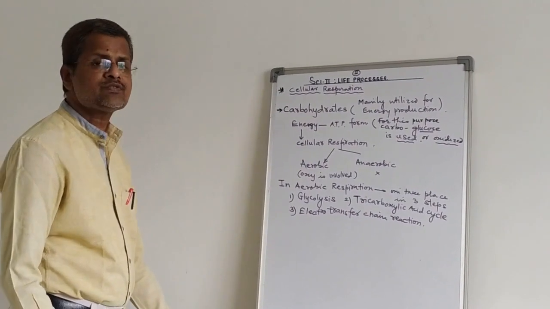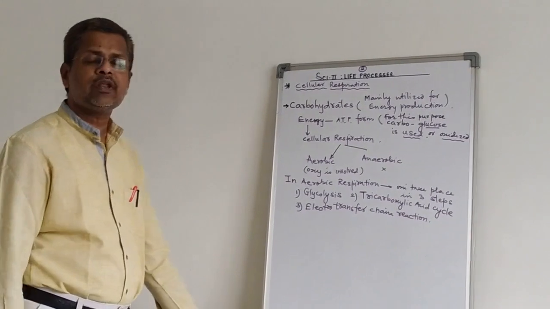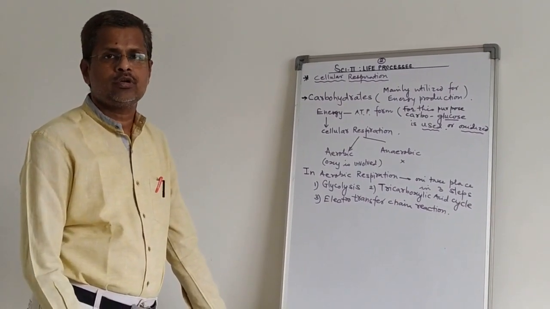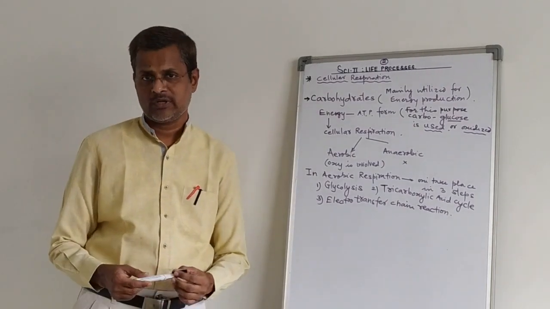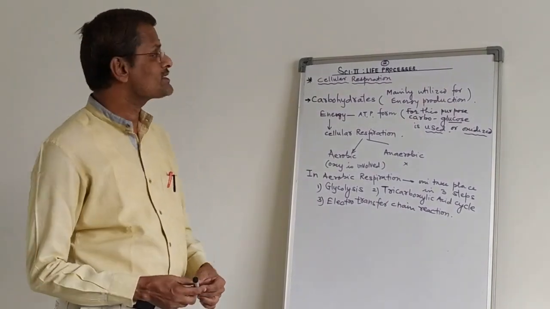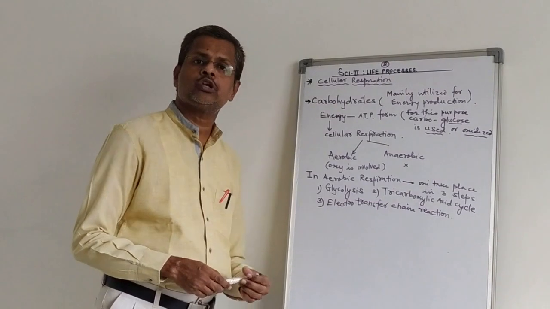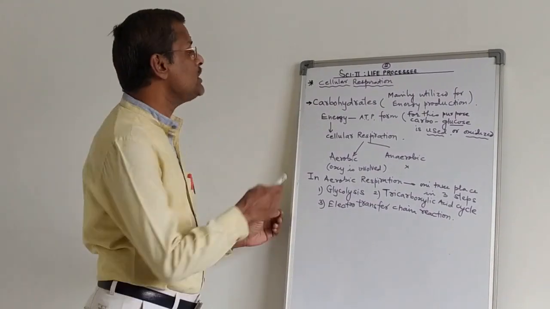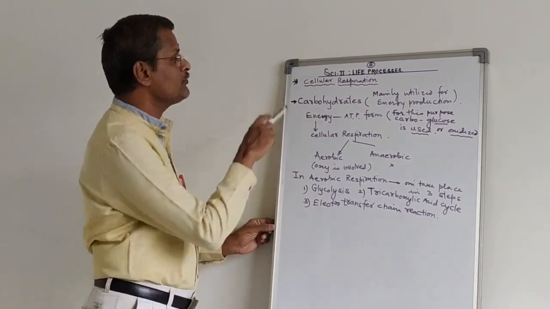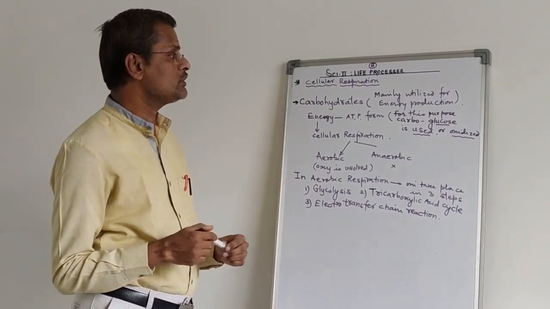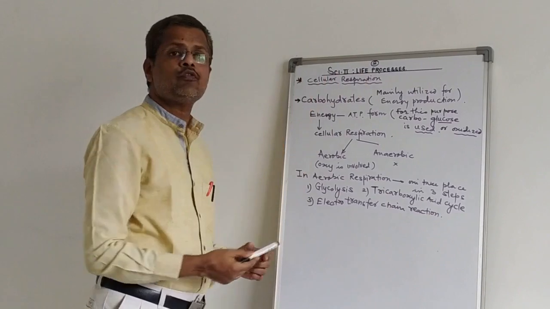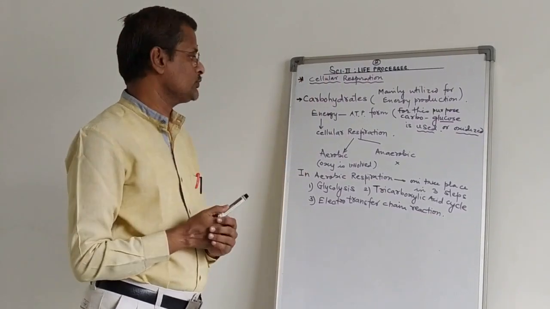So as we have seen, respiration is of two types, mainly cellular respiration and body level respiration. Now let us start cellular respiration in detail. Actually in cellular respiration, carbohydrate, which is the main source of energy, is utilized for energy production.